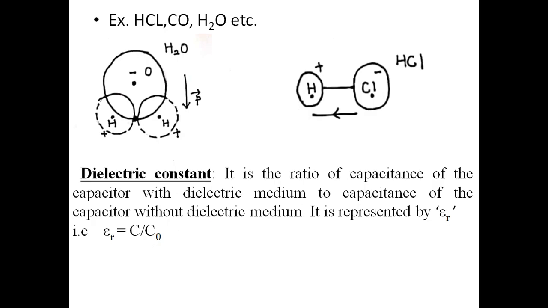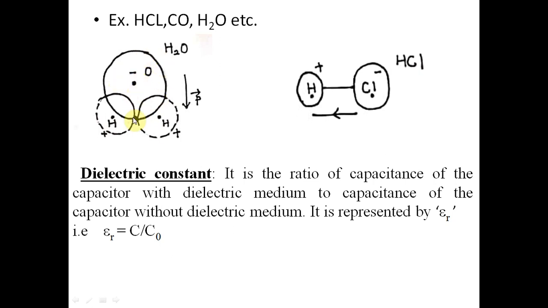Now let us see an example of this, take H2O. You can see from this figure that the center of mass of the positive charge is here. O stands for oxygen, H is for hydrogen. The center of mass of the negative charge is here.